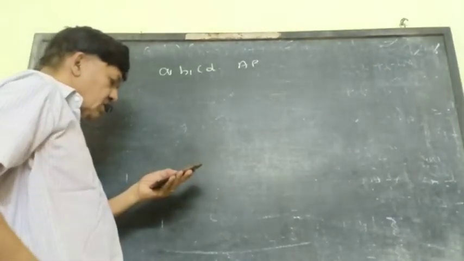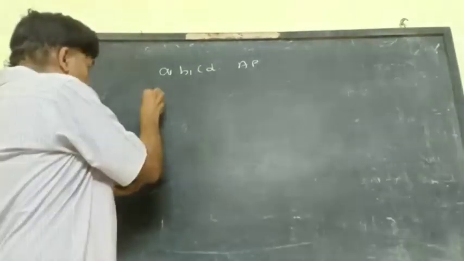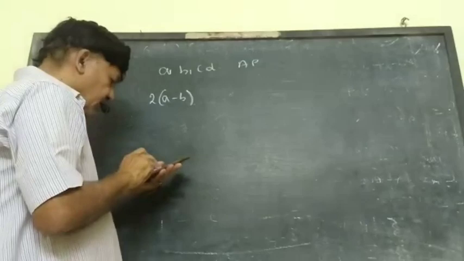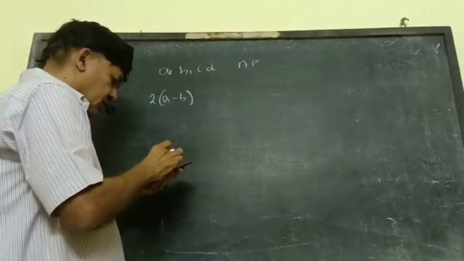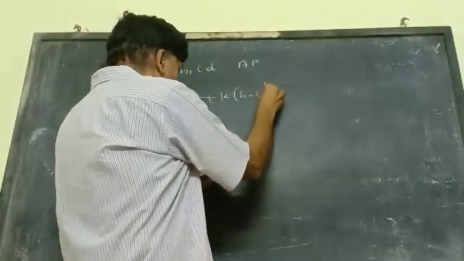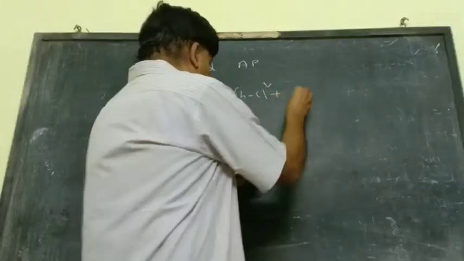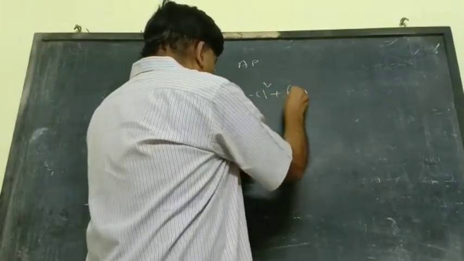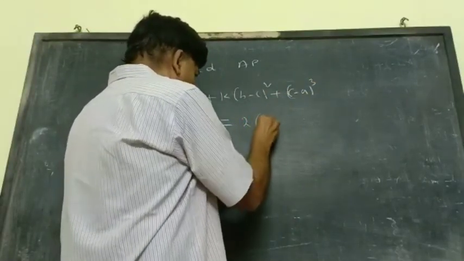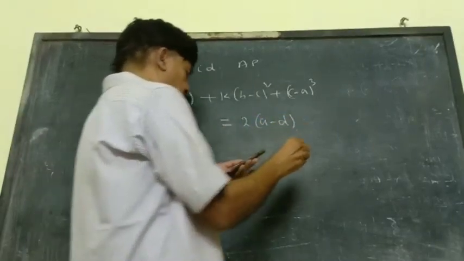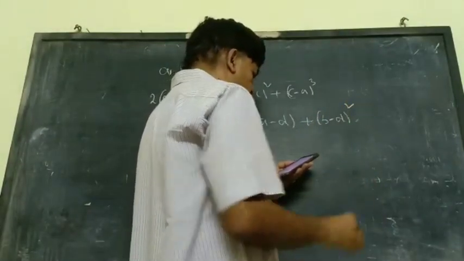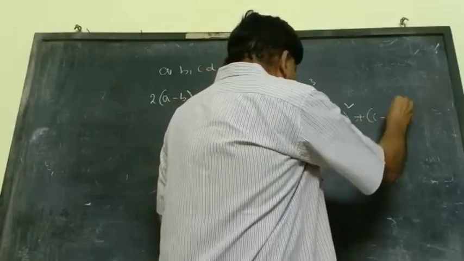Then find the positive value of K such that 2 into (A minus B) plus K into (B minus C) whole square plus (C minus A) whole cube is equal to 2 into (A minus D) plus (B minus D) whole square plus (C minus D) whole cube.